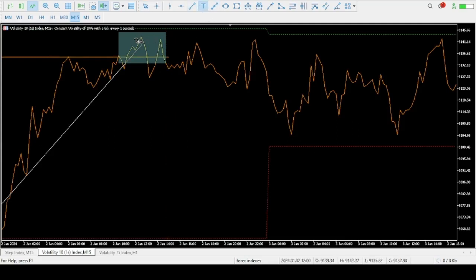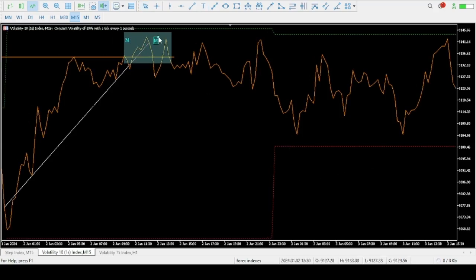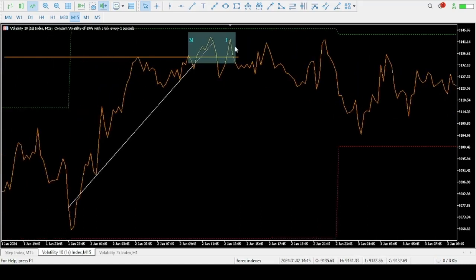In this case, we've come across an M and an I. The M was before the break of structure and the I is after, which makes sense since I is in.